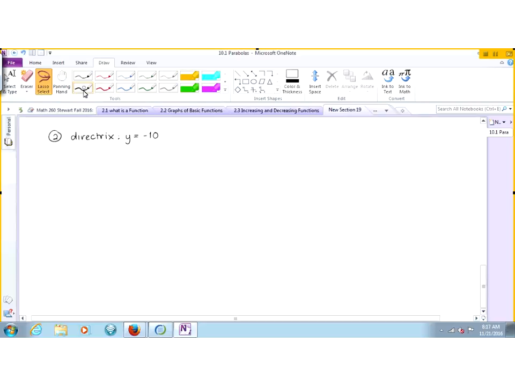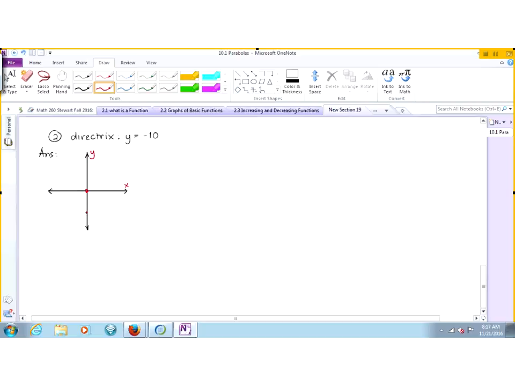All right. So what would you do here? We rough sketch, right? A rough sketch doesn't have to be too big and doesn't have to be too exact. So where is the vertex? Yeah, 0, 0, and directrix y equals -10. How do I graph y equals -10?